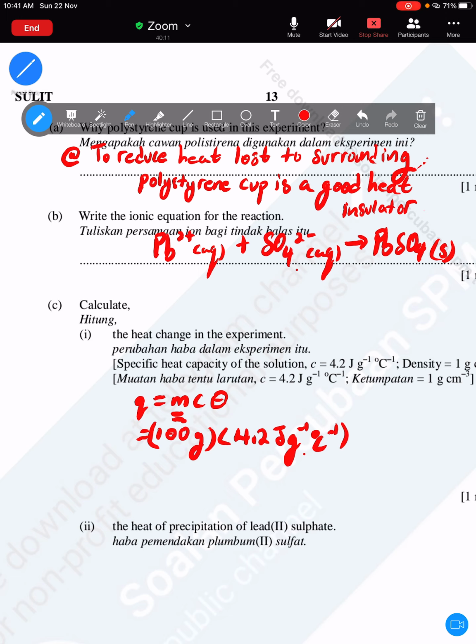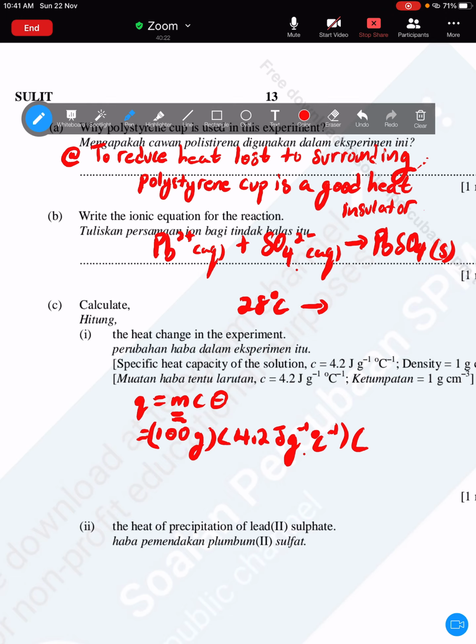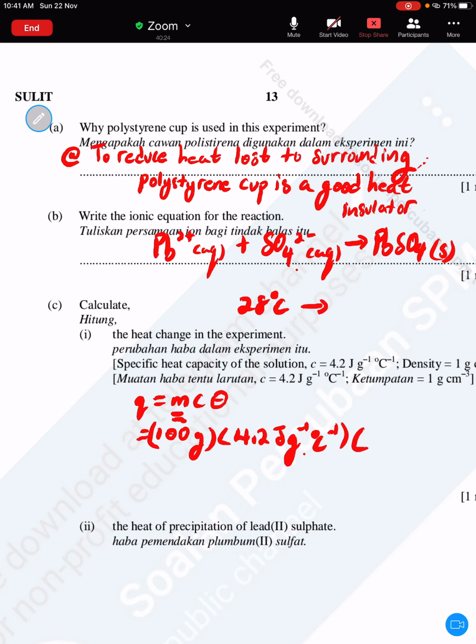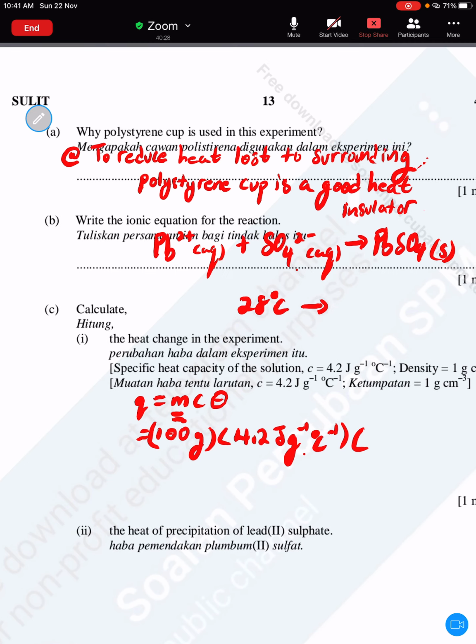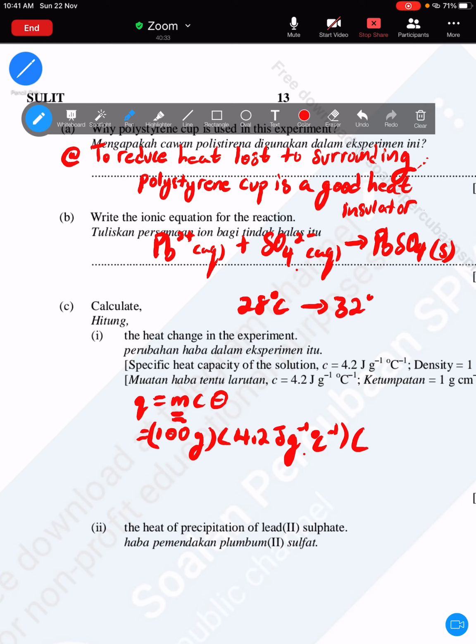I know some of you already started calculating. What is the temperature change? From 28 degrees Celsius, it becomes how much? 32 degrees Celsius.